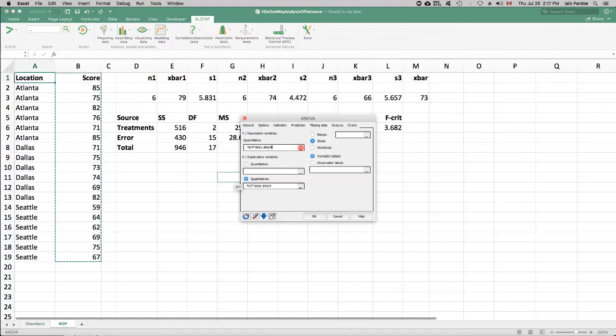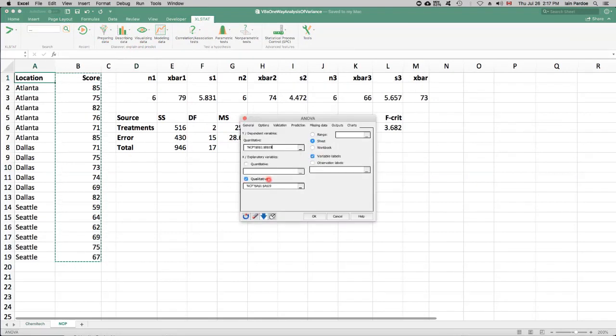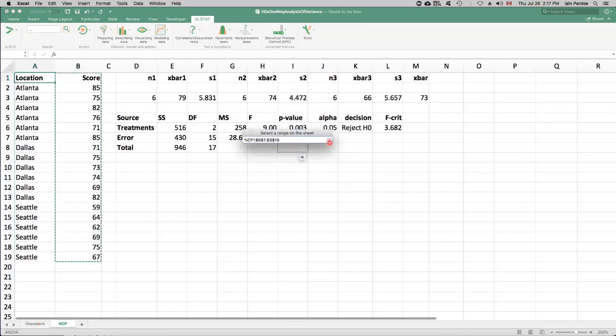And we pick the quantitative variable, which is the scores. Well, it's not the scores in this case, it's the number of units. I'll change that label in a second. The qualitative variable is the location. That's why I'm confused. I'm looking at the wrong data set. Let's go back to this one.